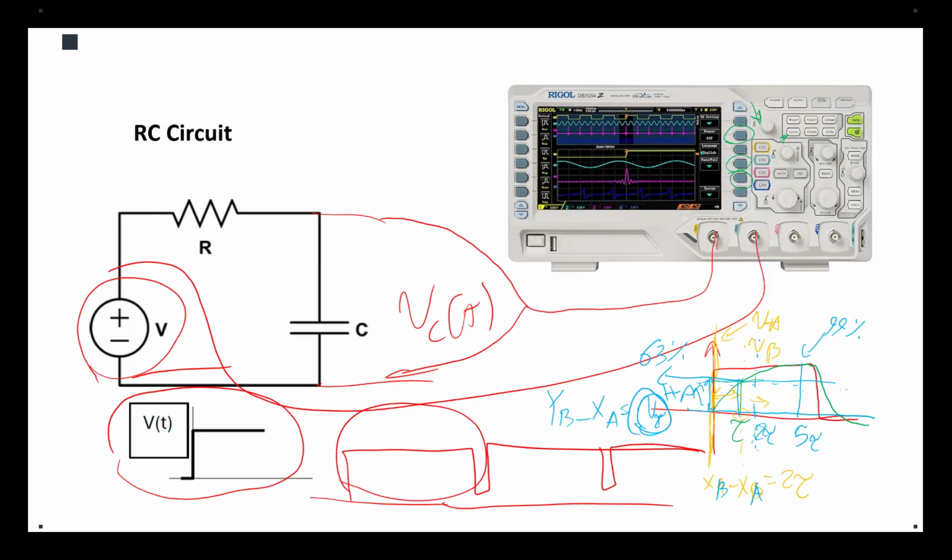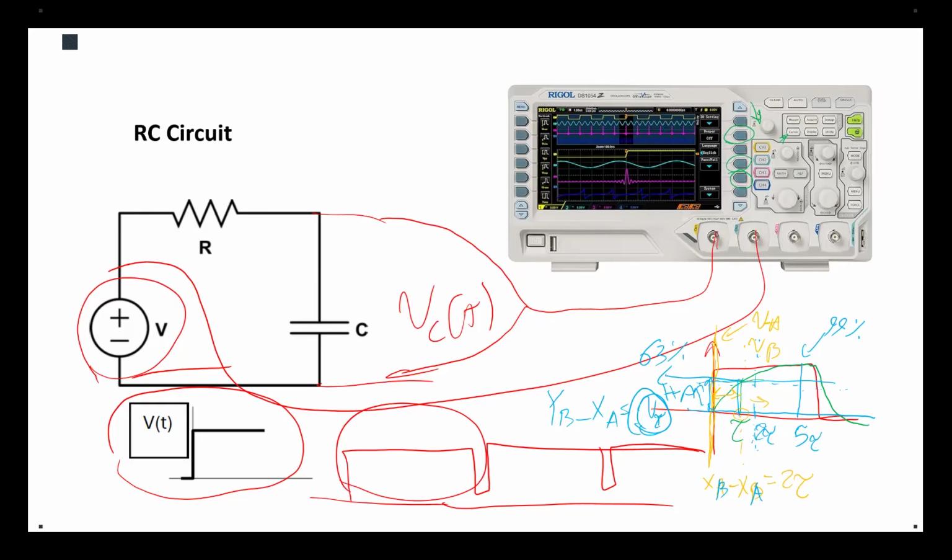So if you move the B all the way up so that the difference is 63%, and then you set the other B in a way that it would cross the vertical B and the waveform at the same point, the difference of the x's would be the duration of time that took your waveform to reach the value of 63%.